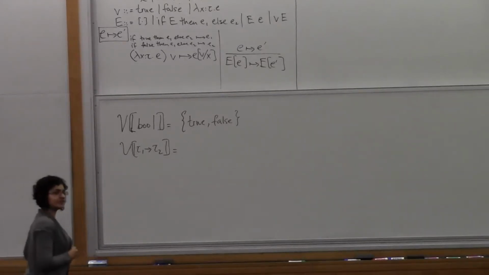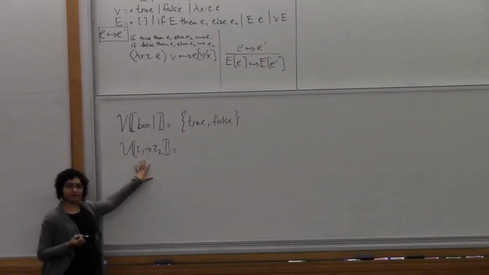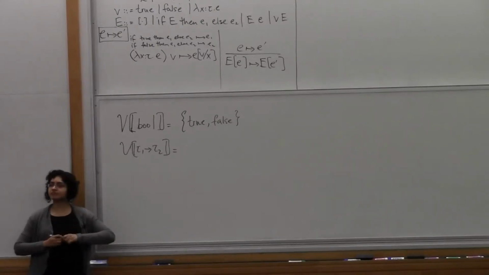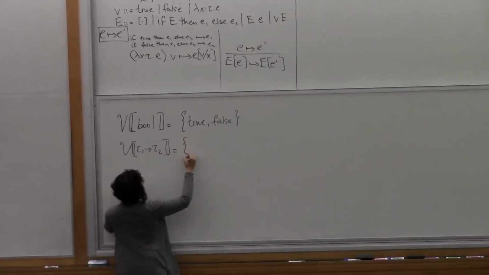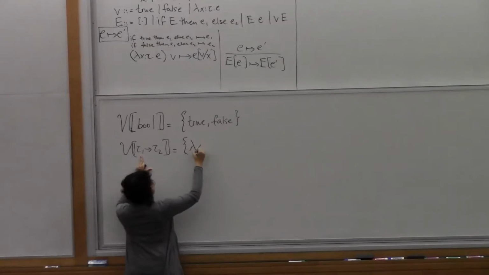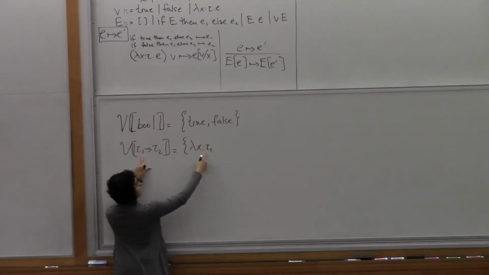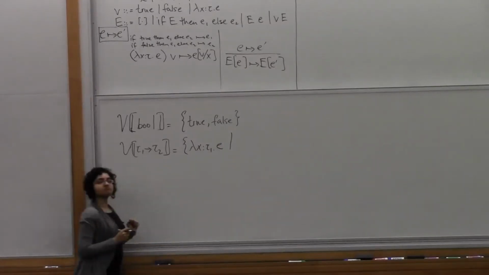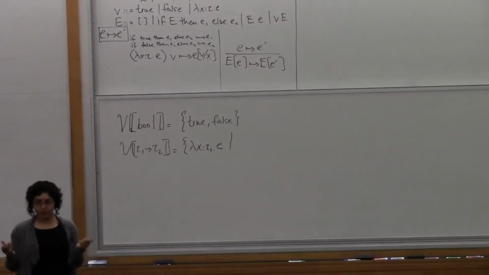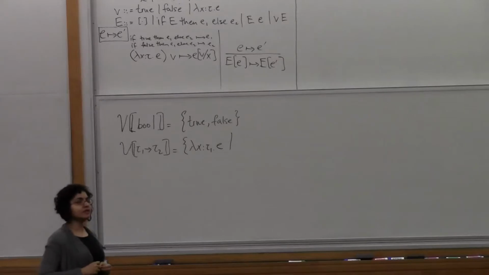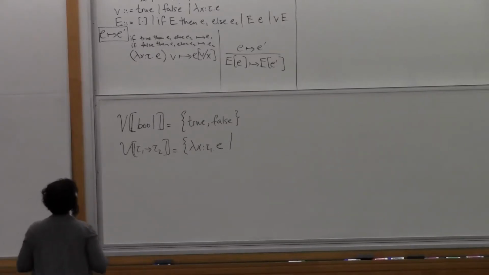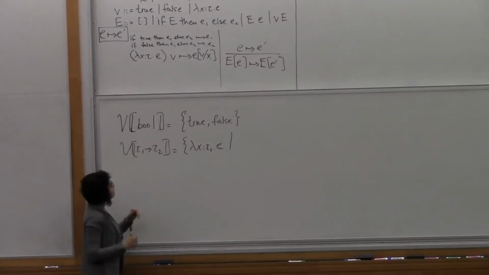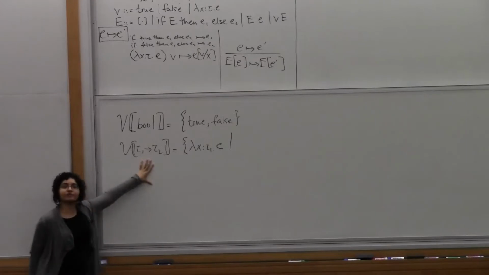So what are the values that belong to the function type, tau1 to tau2? Lambdas, okay. So since it's tau1 to tau2, I better have lambda x colon tau1 here, right, to match this tau1, and some expression. And when does an arbitrary lambda behave like a function of type tau1 to tau2 specifically?